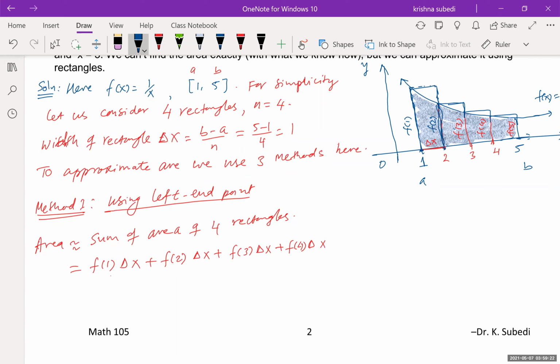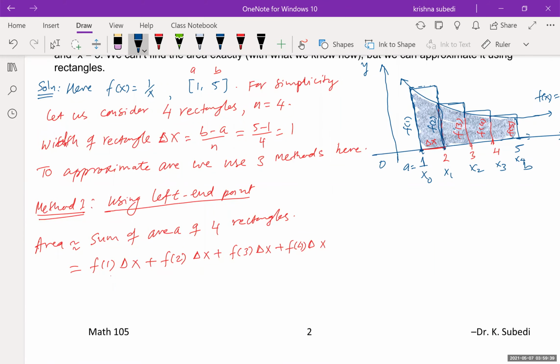Later on, to be more general, I'm going to start with x naught. I will suppose the points to be x1, x2, x3, and x4. Okay, I can do that as well.